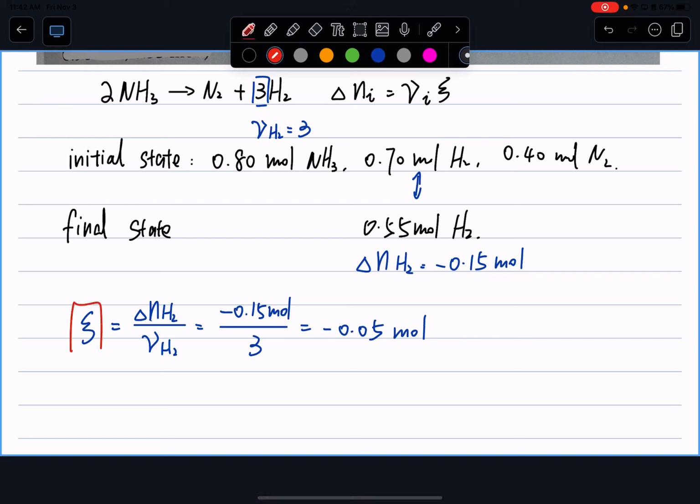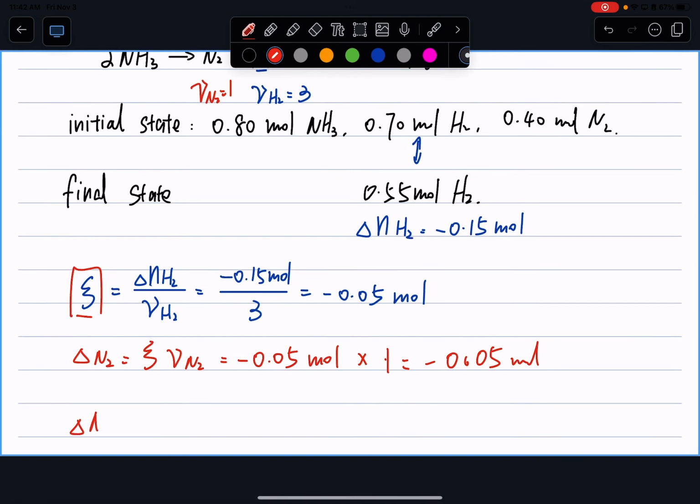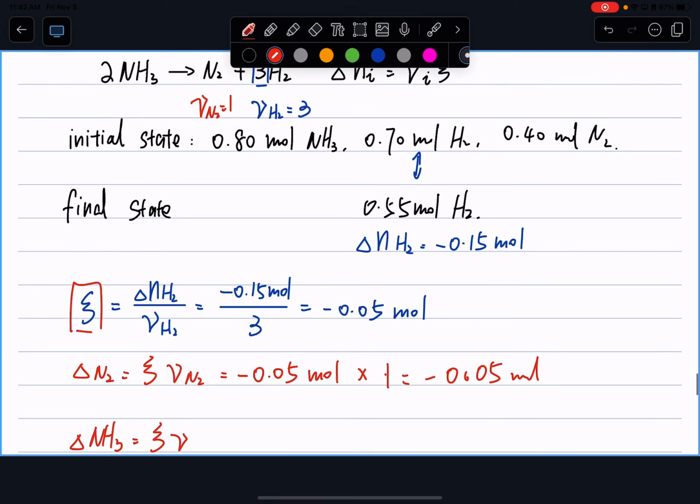And then from this calculated C, we can calculate our change of mole in N2 equals C times the coefficient of N2, which is negative 0.05 times 1. So that's negative 0.05 mole. And likewise, you can do that for NH3. That's C times the coefficient of NH3, which is 2.